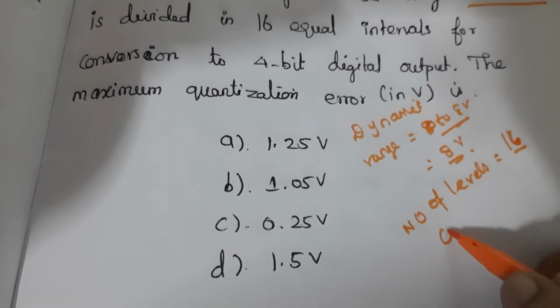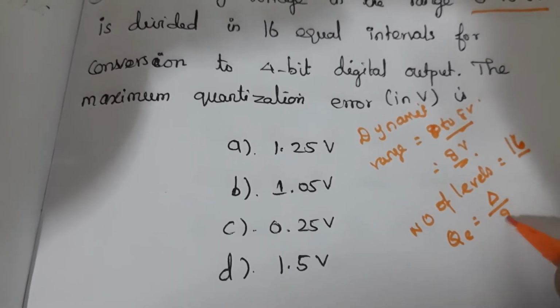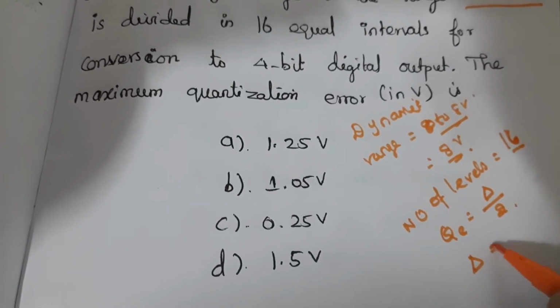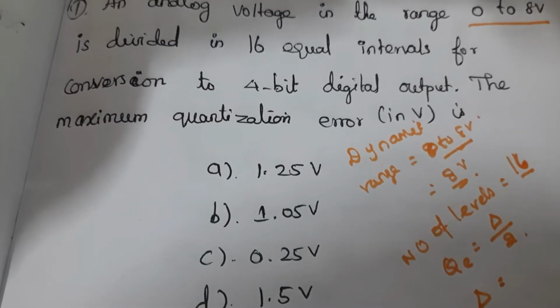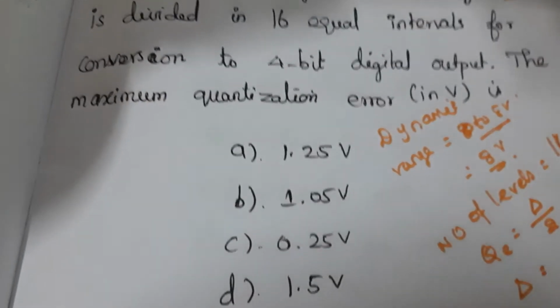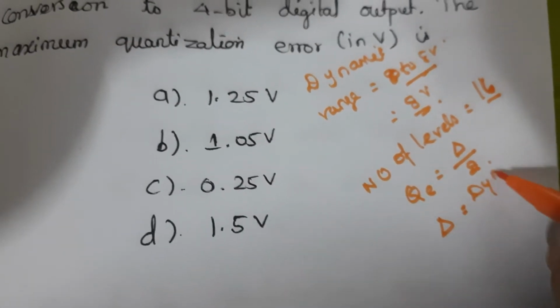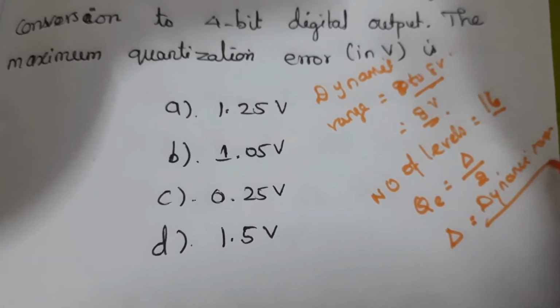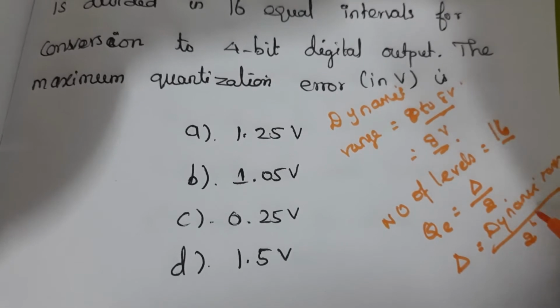So the formula for finding the quantization error is step size divided by 2, and we can find step size using the formula dynamic range divided by 2 to the power L, where L is the output length.